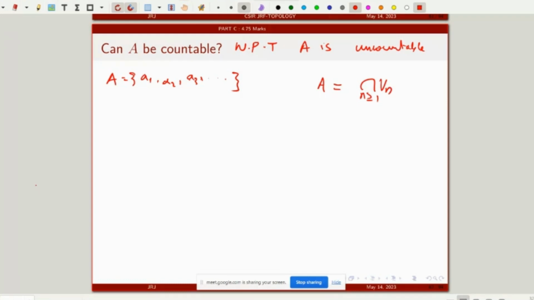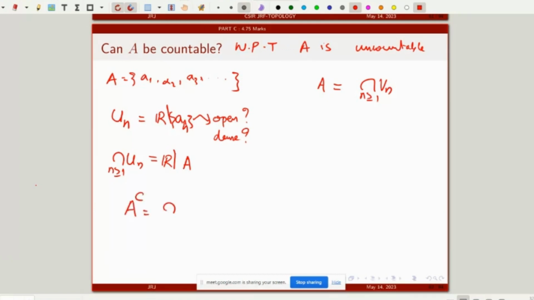Now suppose Un equals R minus {a1}, ..., {an}. Then what will be the intersection of Un? Suppose we are eliminating points of A one by one. It will be R except A. Now, is each Un open? Yes, ma'am. Is it dense? Yes, ma'am. So this A complement, you are able to write it as the intersection of some dense open subsets. Right.